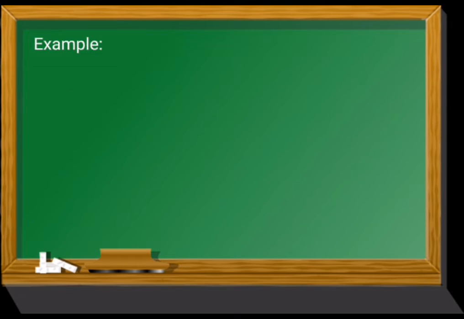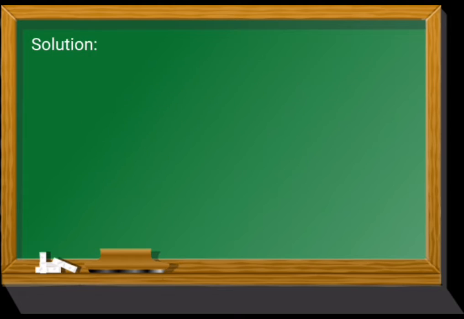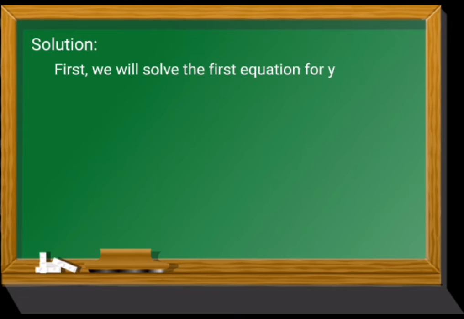Example: solve the following system of equations by substitution. Negative x plus y equals negative 5. 2x minus 5y equals 1. First, we will solve the first equation for y.